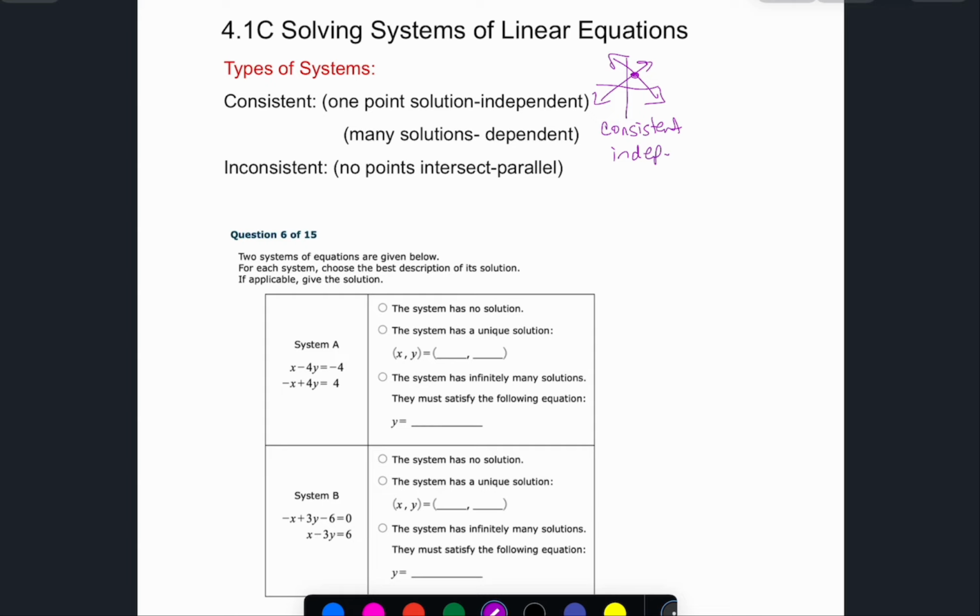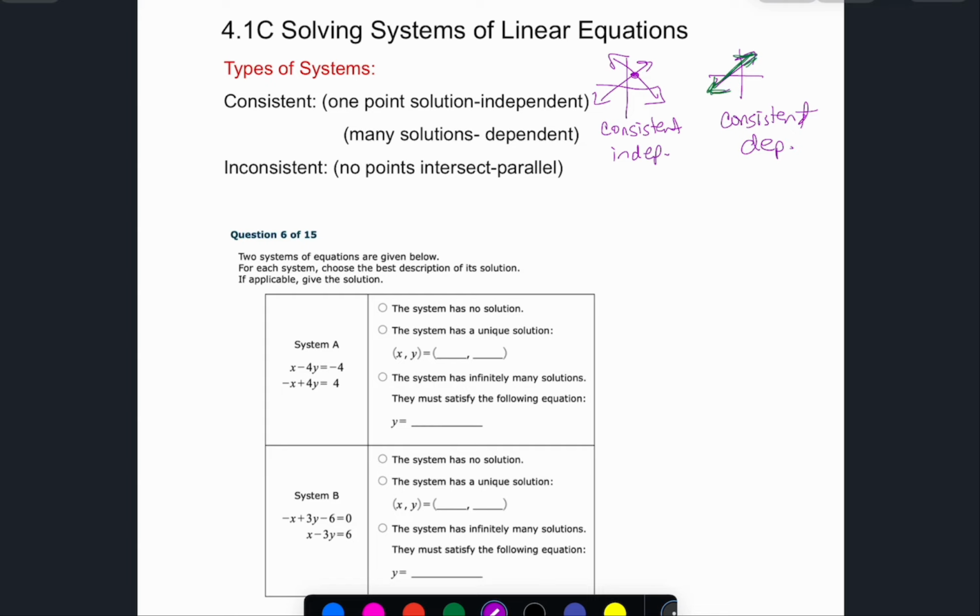Because independent of what I do, they're always going to cross at that 1 point. If I draw the first line and then the other line overlaps perfectly, that is consistent, dependent.